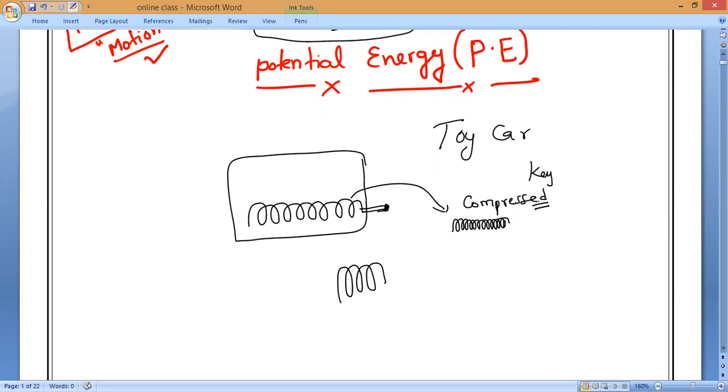Now, when the spring is compressed and you release your hand, what will happen? The spring will again try to come to its original position. Is it right or wrong? That is the reason the spring is compressed and again trying to get back to its original position.